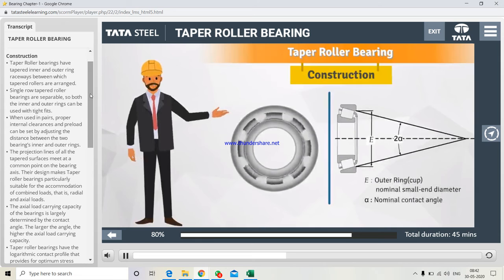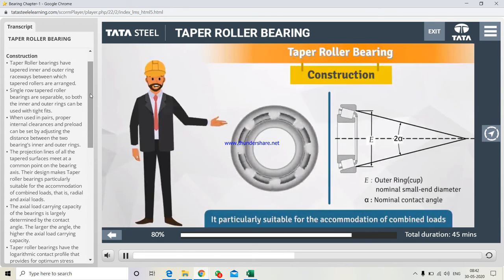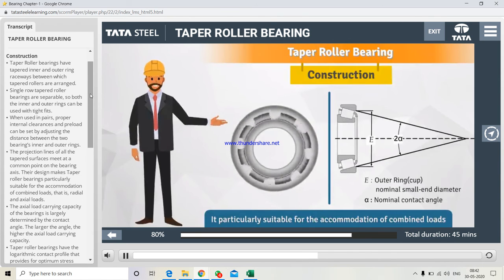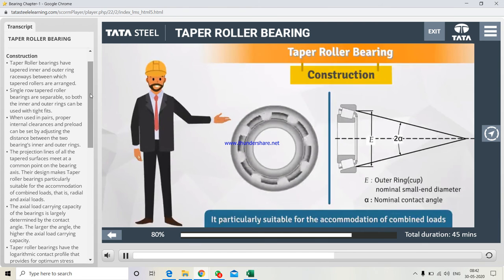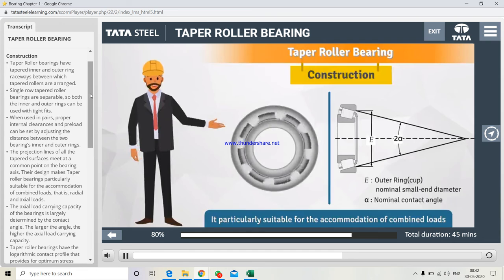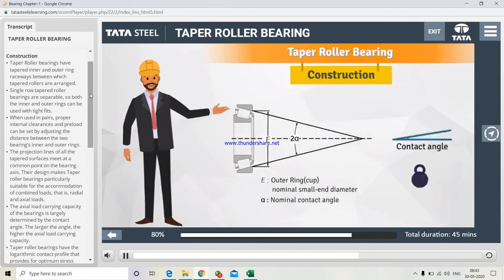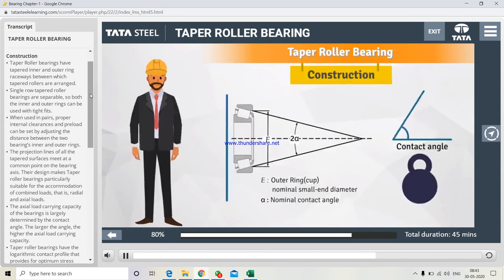Their design makes tapered roller bearings particularly suitable for the accommodation of combined loads, that is, radial and axial loads. The axial load carrying capacity of the bearings is largely determined by the contact angle. The larger the angle, the higher the axial load carrying capacity.